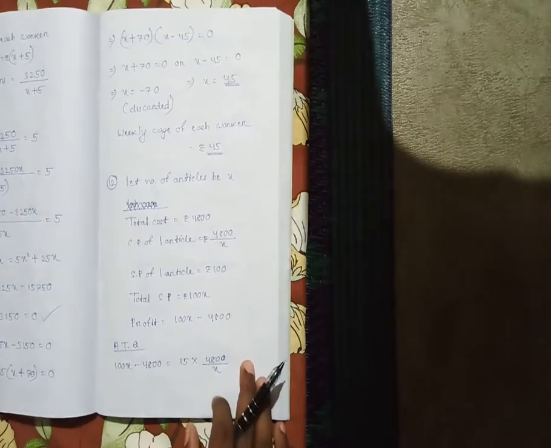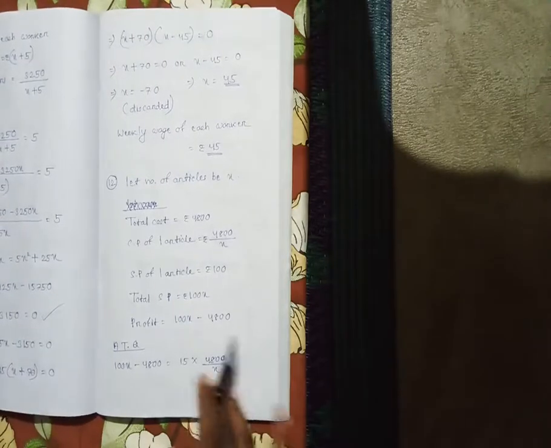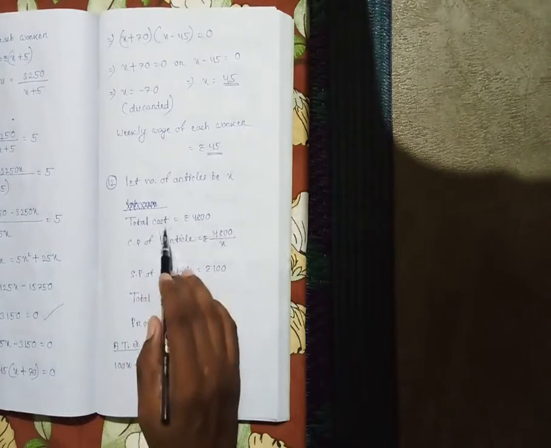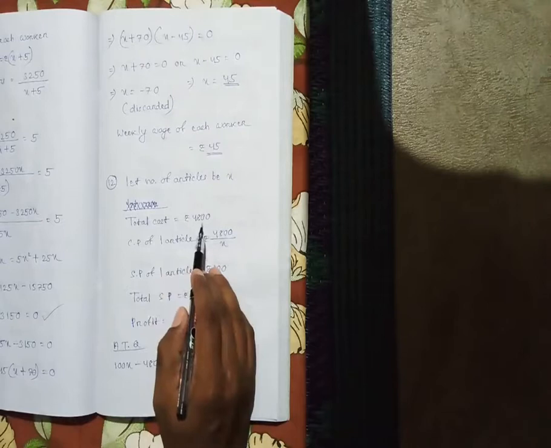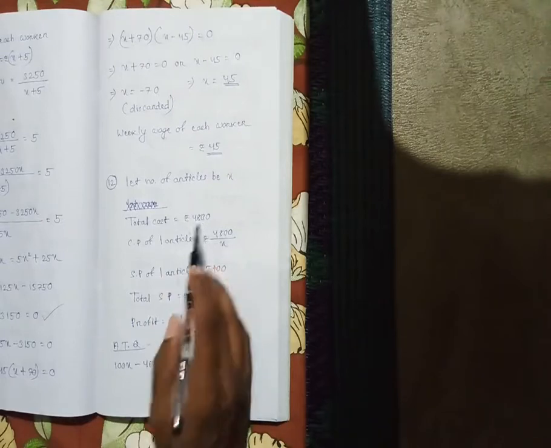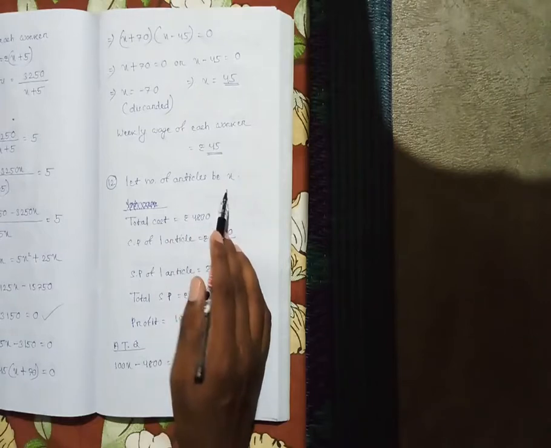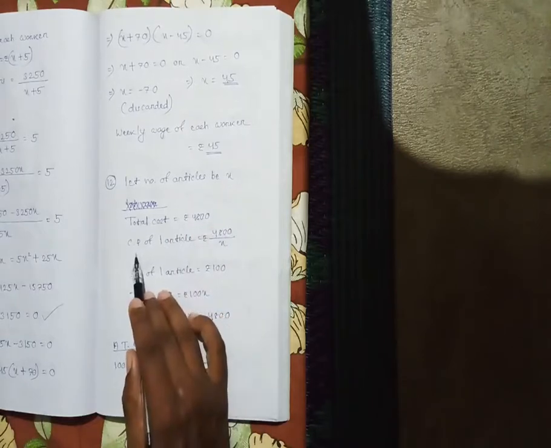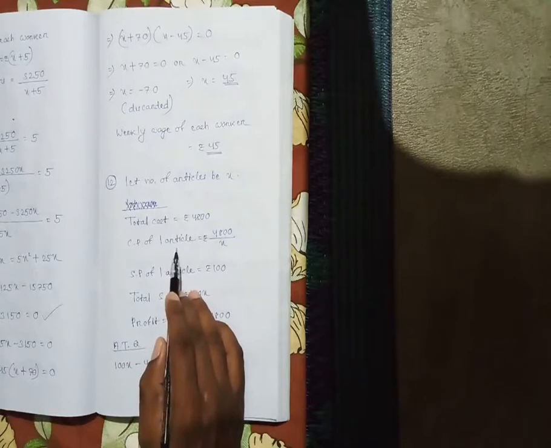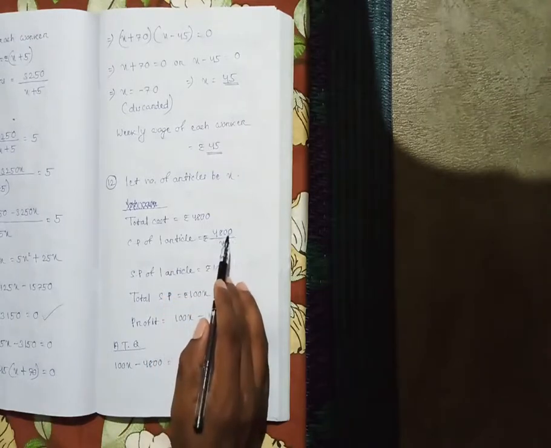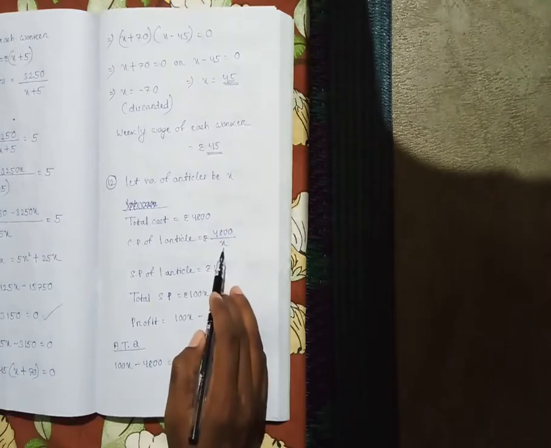We have been asked to find the number of articles, so let the number of articles be x. Now total cost is equal to rupees 4800, given in the question, and number of articles is x, we have taken. So obviously cost price of each article will be total cost by number of articles. So rupees 4800 by x, CP of one article.